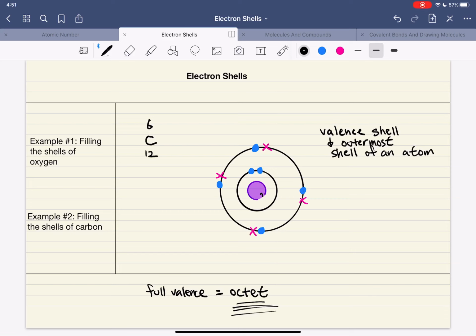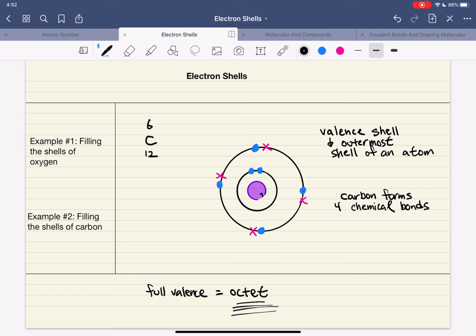So for instance, carbon forms 4 chemical bonds. If you go back to the drawing we had previously with oxygen, it needed 2 more electrons, so it had 2 X's. Therefore, oxygen forms 2 chemical bonds. So it's really important information.